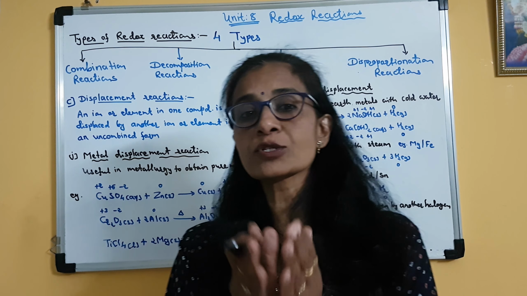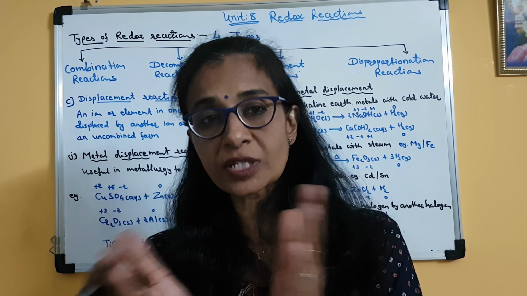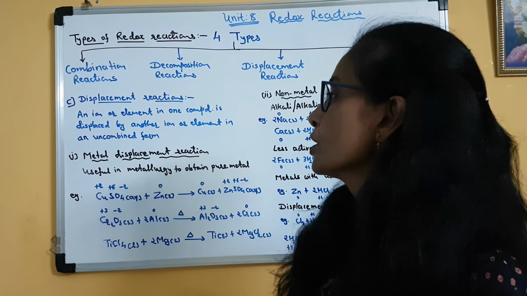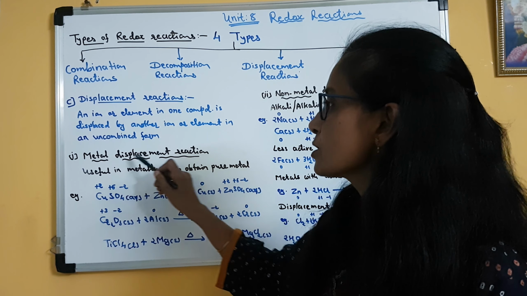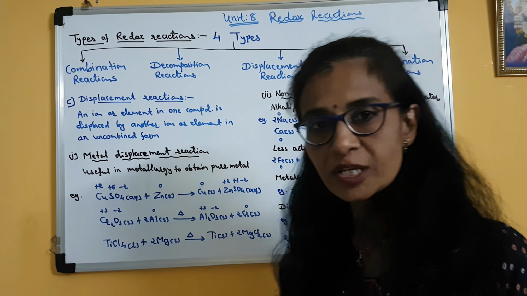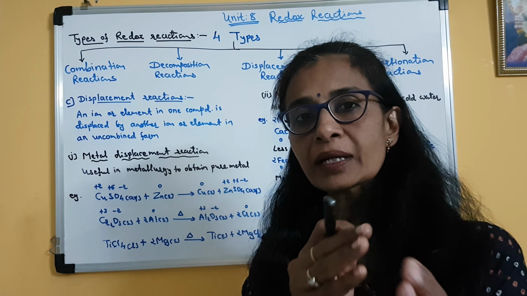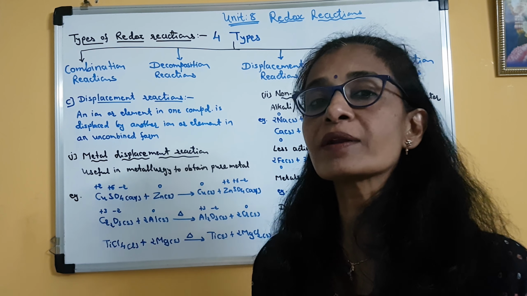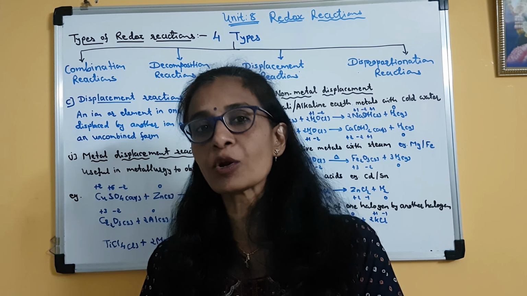So it is also a redox reaction. Clear? The elements which are exchanged or displaced will undergo a change in oxidation state. Displacement reactions are of two types: one is a metal displacement reaction and the other is a non-metal displacement reaction. Metal displacement reaction means one metal is displaced by the other. This type of displacement reaction is important in metallurgy in order to get pure metal.